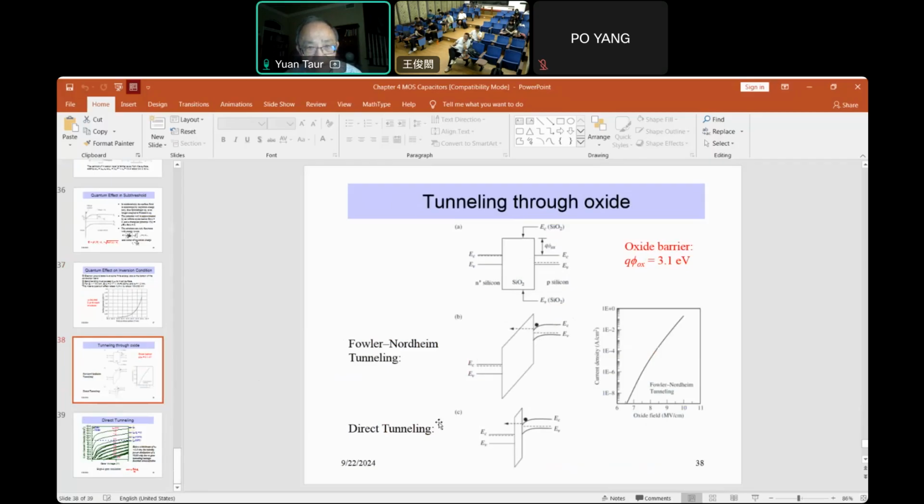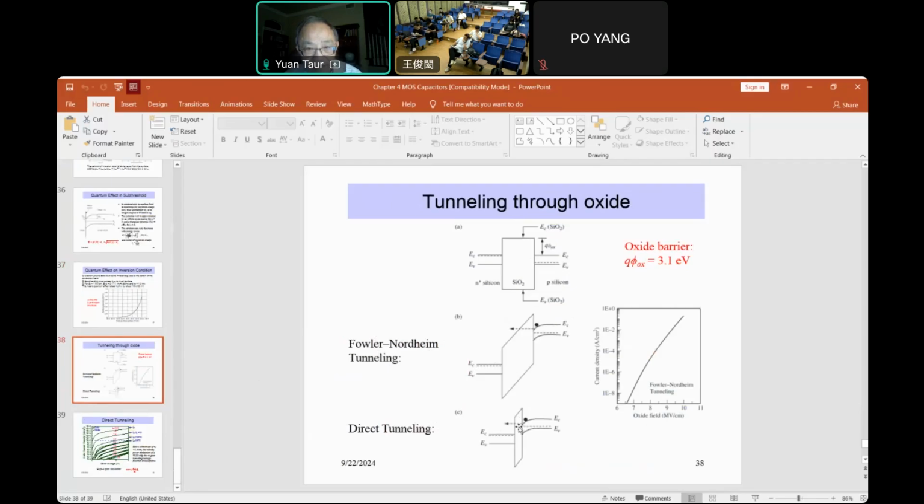But when the oxide is very thin, by the way, for the flash, the Fowler-Nordheim tunneling, the oxide thickness is about 10 nanometers. So it's not that thin. But now for the logic device, the oxide is below 2 nanometers. In that case, we have direct tunneling, which happens even at not a very high field.